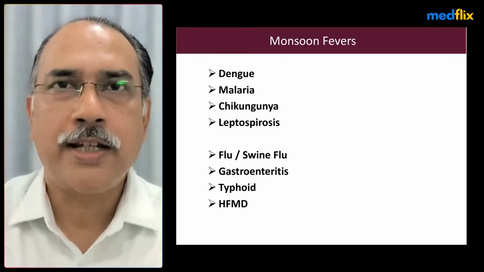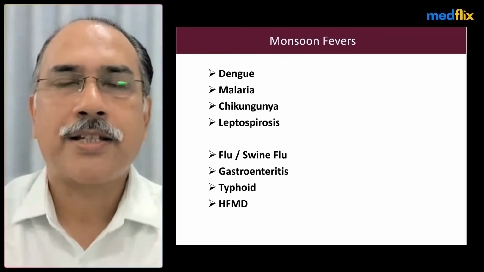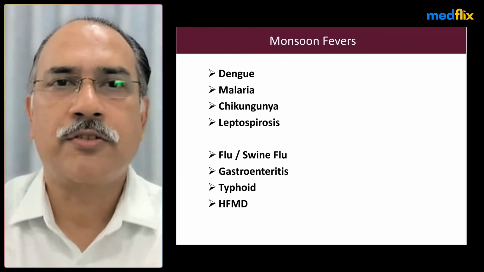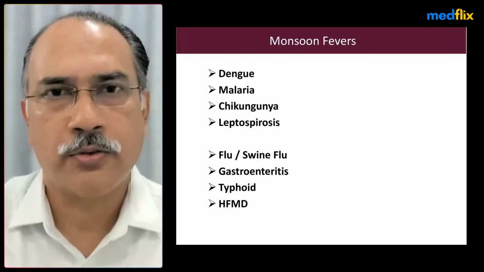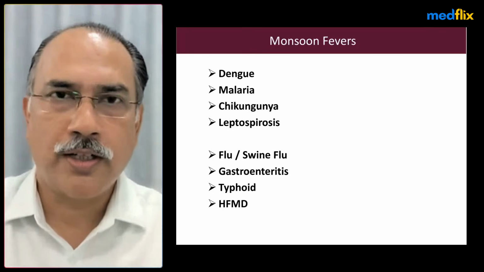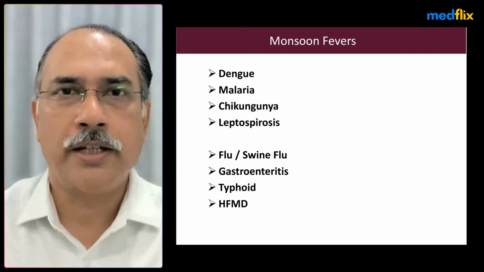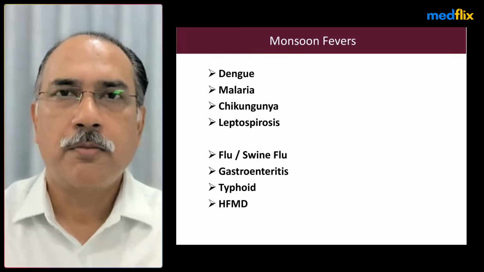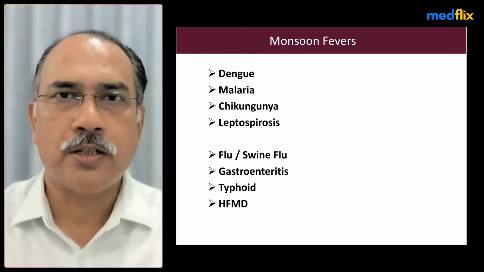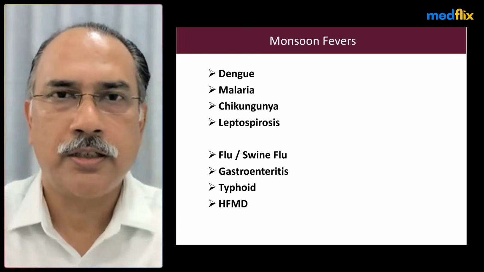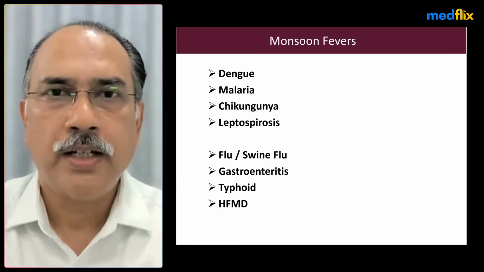We are also seeing, at least in Mumbai, in the last couple of years, the resurgence of malaria and arrival of chikungunya, which we were fortunately able to control the malaria part for the last few years. But in the last couple of years, we are back with the nuisance of malaria.